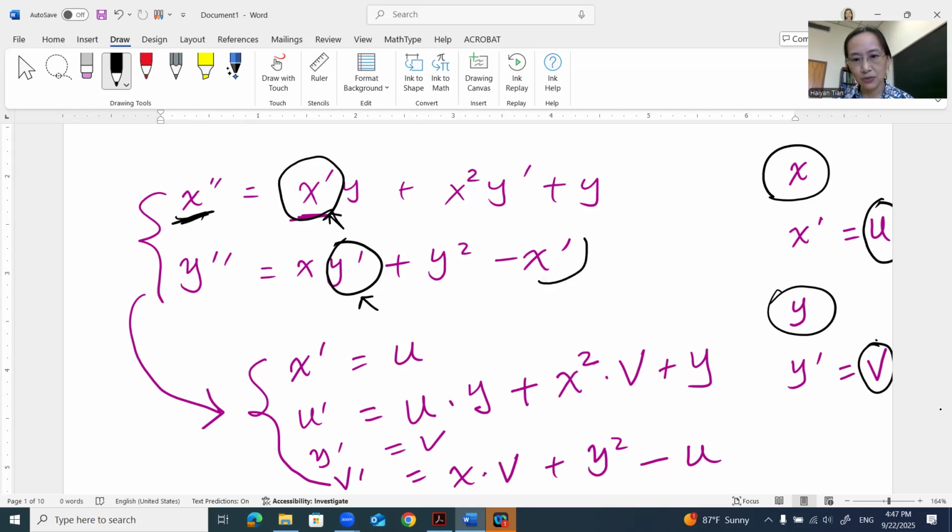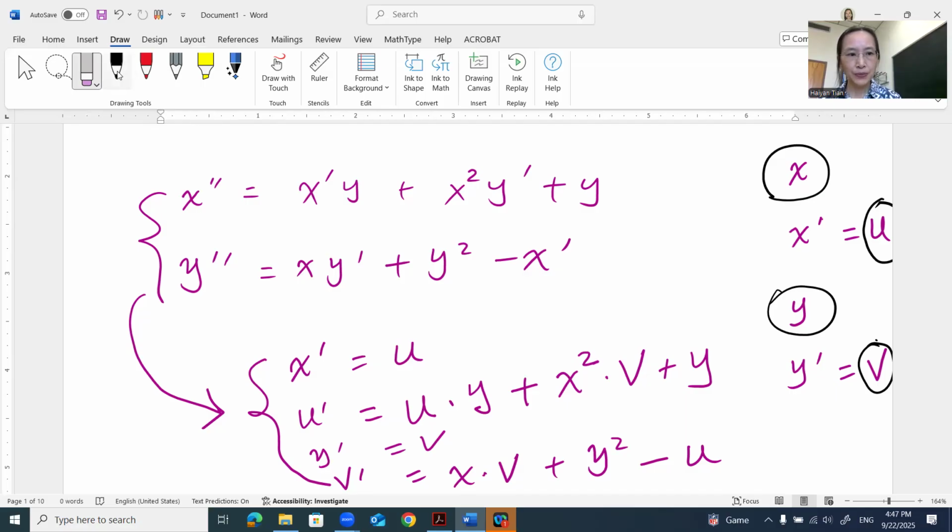Whenever you see the x derivative, you use u. Whenever you see the y derivative, you use v. So the second order derivative of x will be the u first derivative, and the second order derivative of y will be the v first derivative. So then we have reduced the original second order system of two equations to a system of four first order equations.